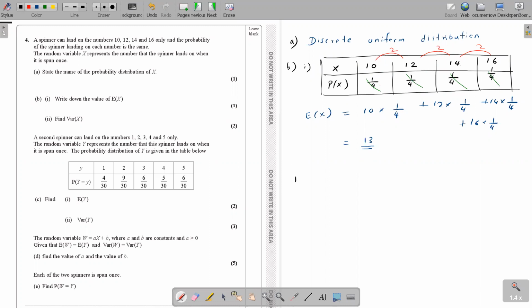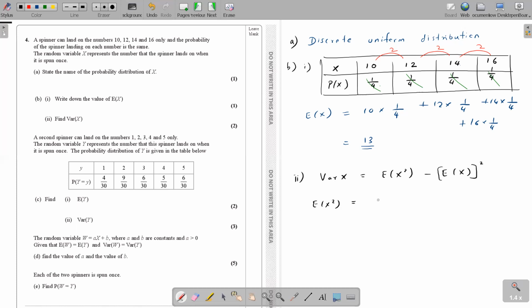Okay, part 2, Var(X), children. How much is the variance of X? How do you get the variance of X? Variance of X is E(X squared) minus E(X) whole squared. We know E(X), so E(X squared) should be found, children.